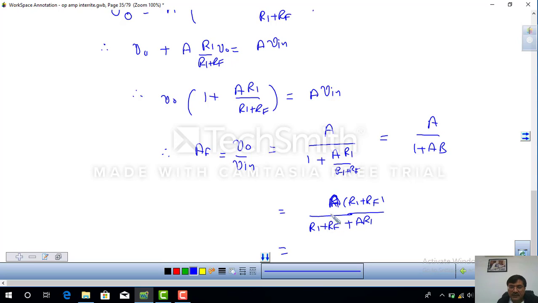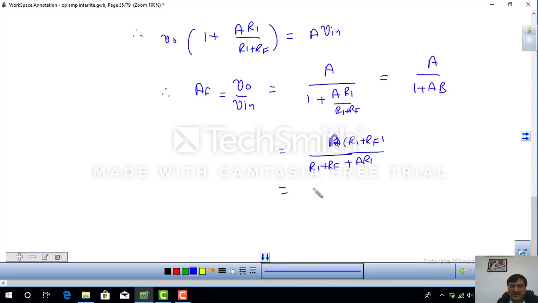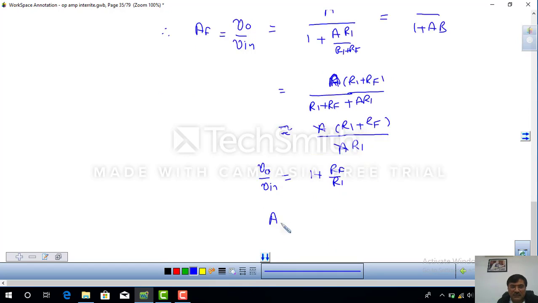If we neglect it, then my equation looks like this: nearly R1 plus RF divided by AR1. Cancelling A, we get 1 plus RF upon R1, and this is nothing but VO upon V in, called the gain of the op-amp with feedback circuit, 1 plus RF upon R1.